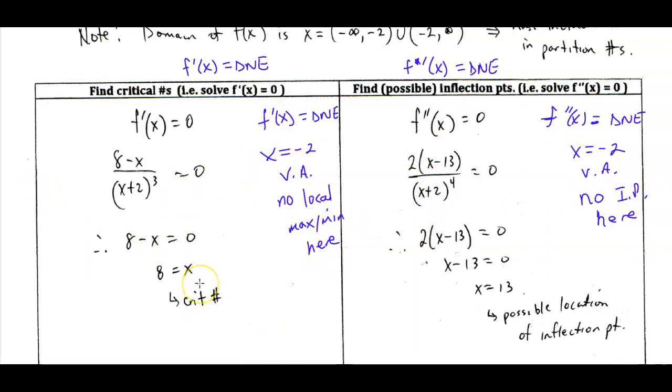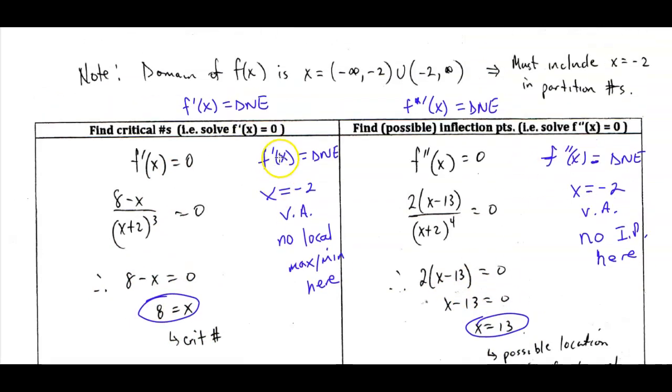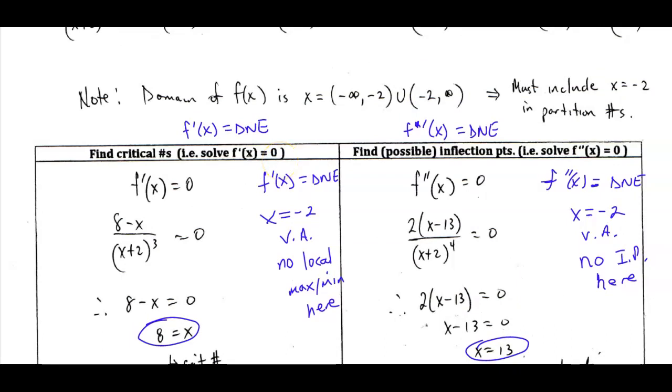All right, so from this point, we know that x equals 8 and x equals 13 are going to be our partition numbers. The domain of our function is going to be all real numbers except for -2. And since -2 is where we have a vertical asymptote here, there's some action happening there. We want to include x equals -2 as part of our partition numbers, okay?